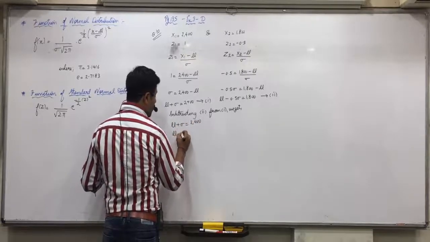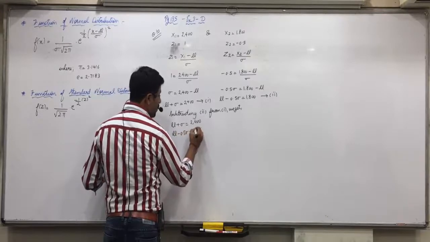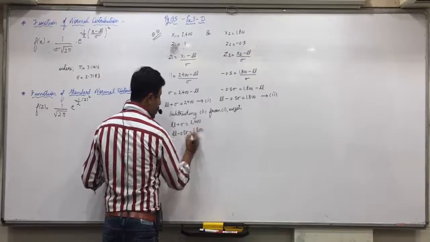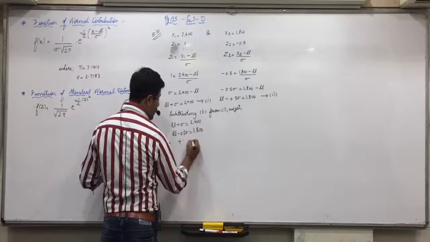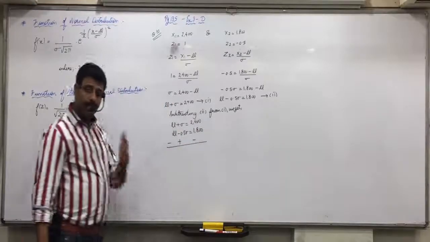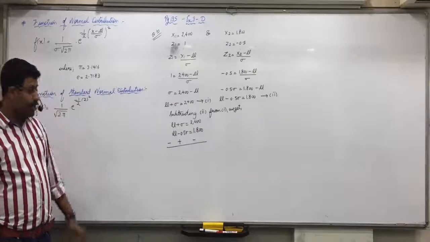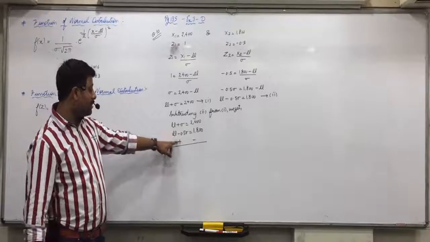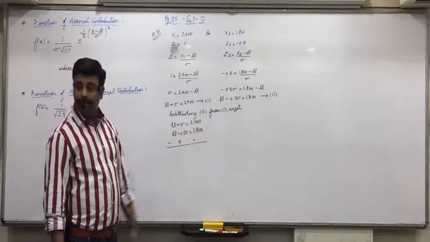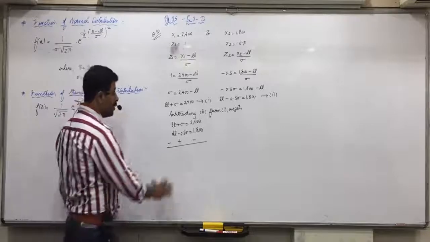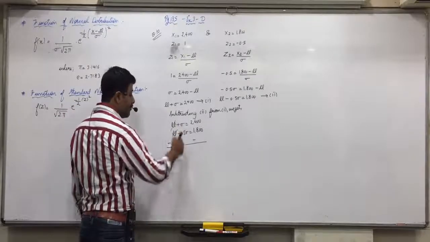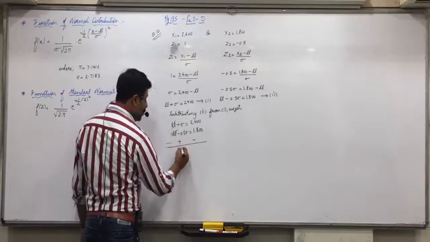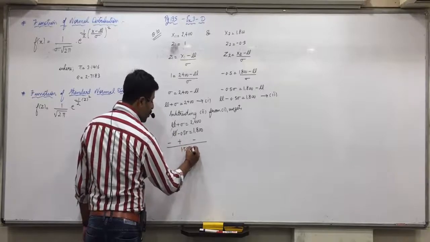Then smaller one, mu minus 0.5 sigma equals 1800. Now you subtract, so all the signs will change. We are subtracting the second equation, so this plus will become minus, minus will become plus, and plus will become minus. Okay. Mu minus mu cancels. 1 plus 0.5, 1.5.